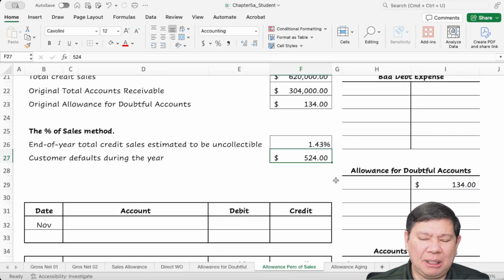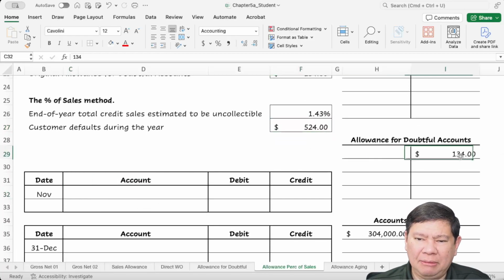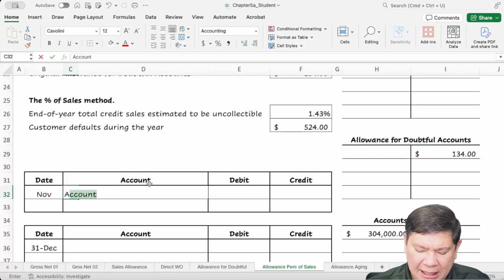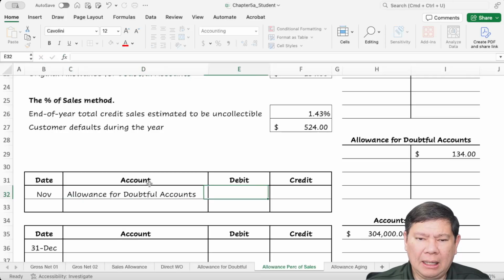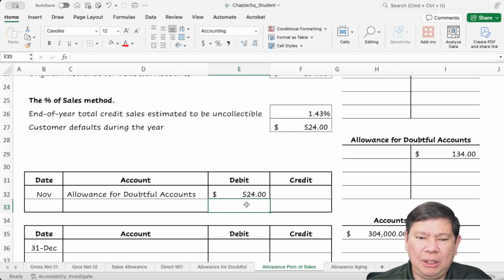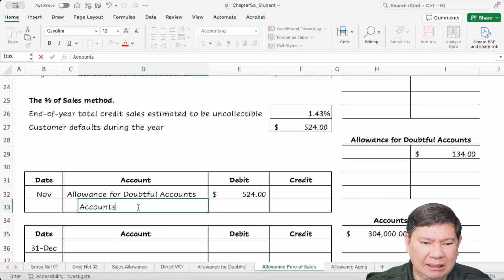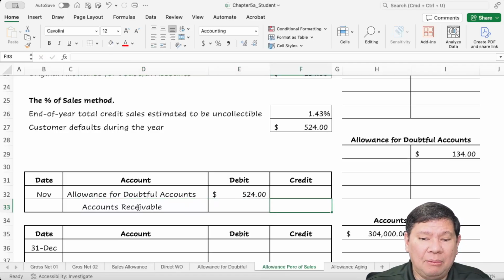And then one customer defaults for $524, but because we already have the allowance, we will use that allowance for doubtful accounts. Okay, and this is $524. But we only have 134, so that's not enough. Accounts receivables from that customer will be taken out from our balance sheet, 524.